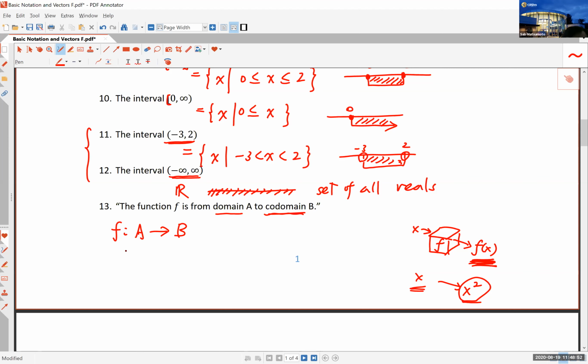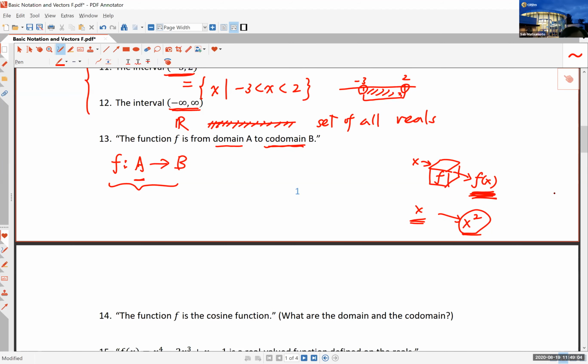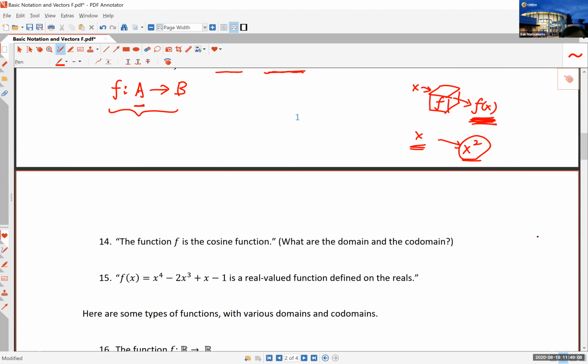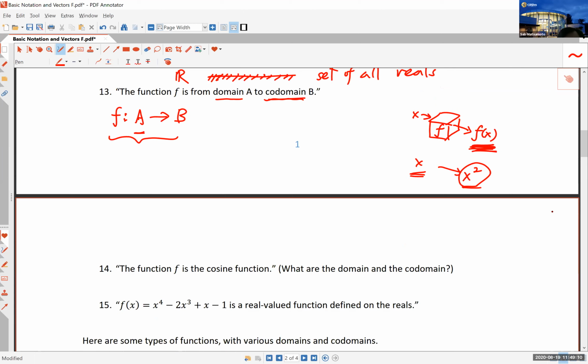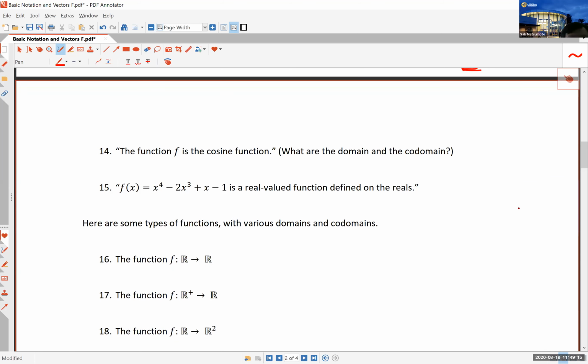Okay, so this is the notation. We use f, a colon, and then A to B. The first letter here is the set which is the domain, and the codomain is written as a symbol, usually a capital letter after the arrow. All right. Quickly, number 14, the function f is the cosine function.